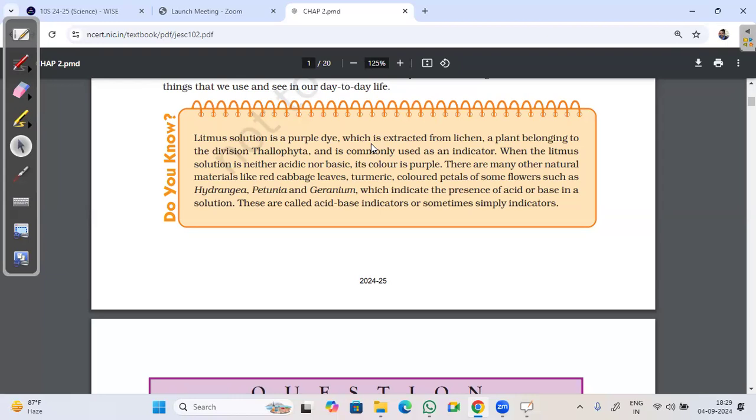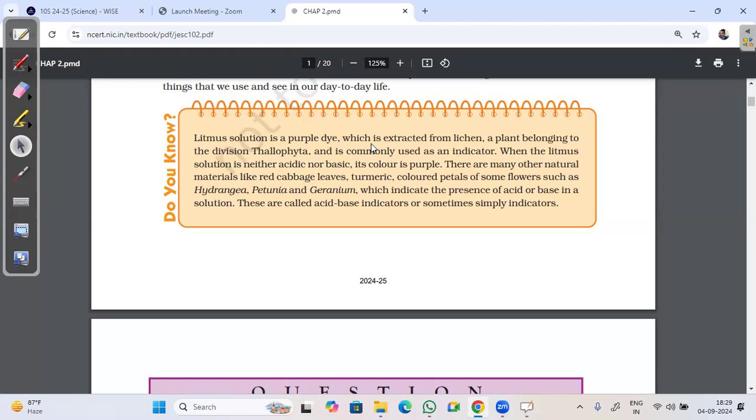It is an organism which is an association of algae and fungi. So algae and fungi live together. Which type of association is it? Symbiotic. Yeah, it is a symbiotic association.